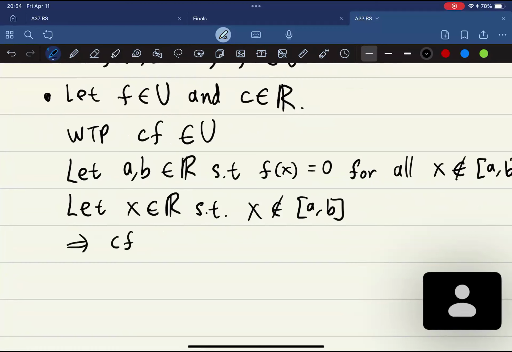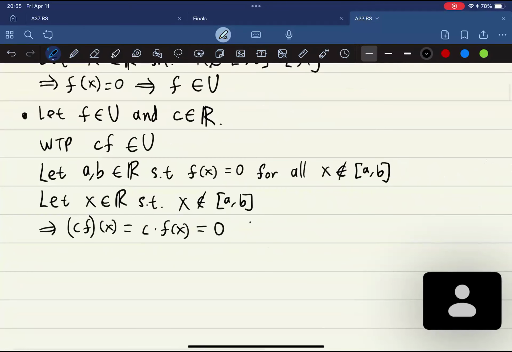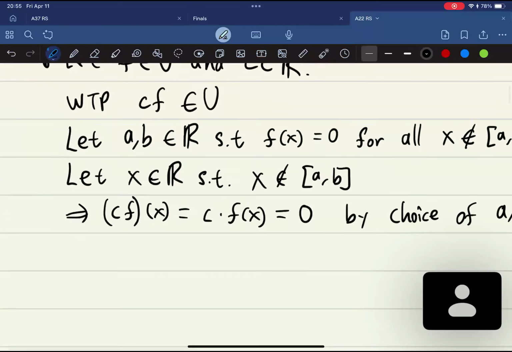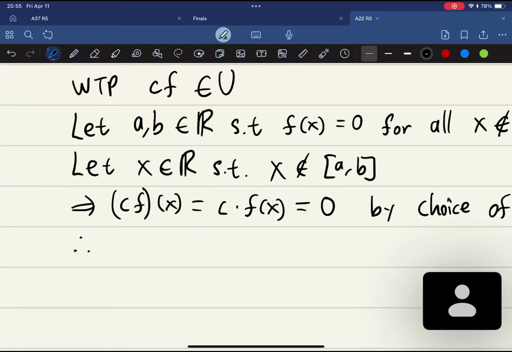And here, cf of x will be c times f of x, which is 0. And this is by our choice of a and b. Therefore, a and b satisfy the conditions of our set.